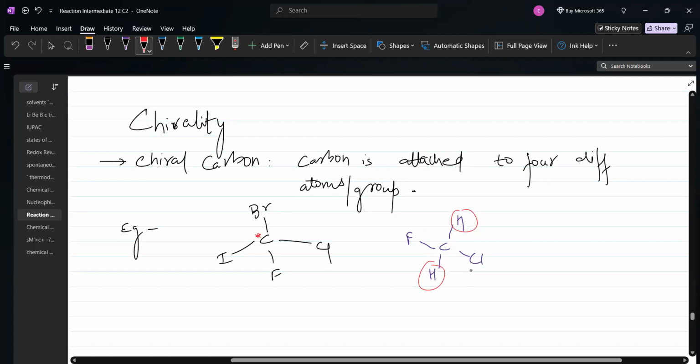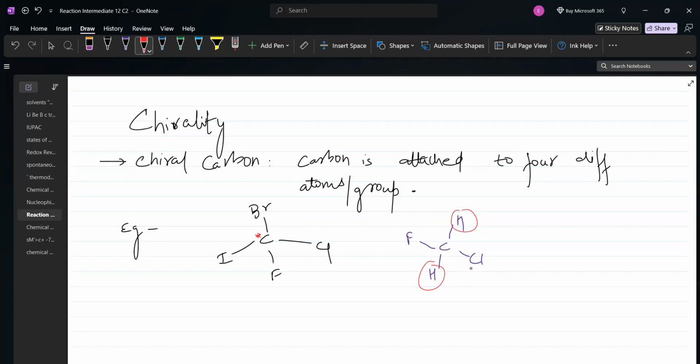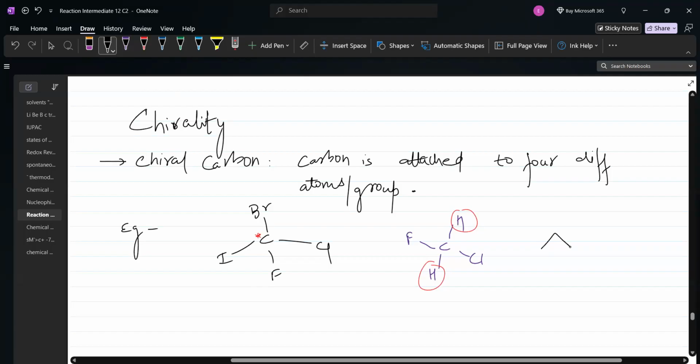So this is not a chiral carbon, right? Because two of the atoms are the same. Are you getting my point? Yes, sir. Just let me know if you are getting some doubt. Let's see with other examples as well.